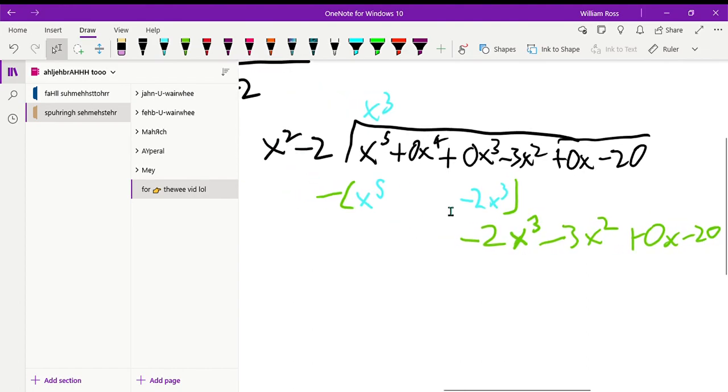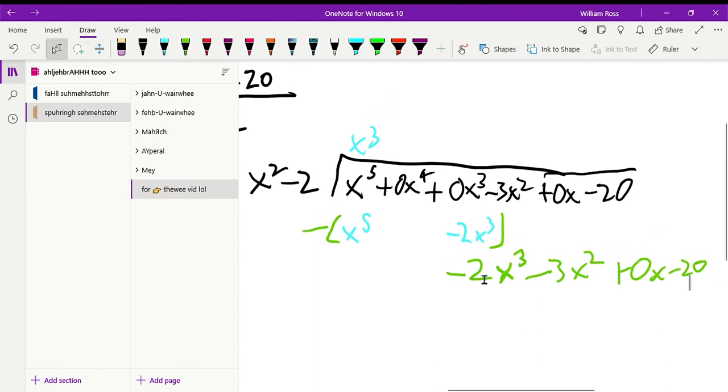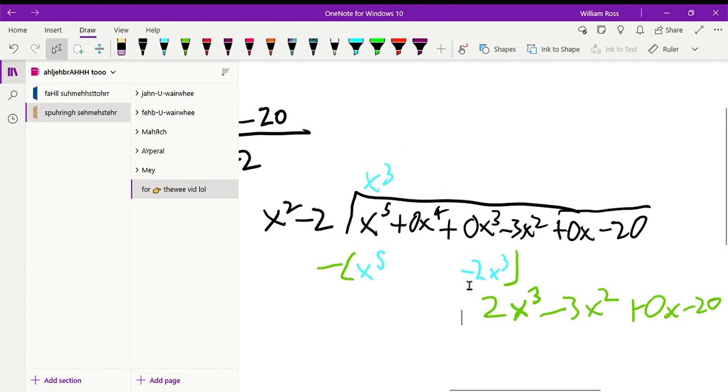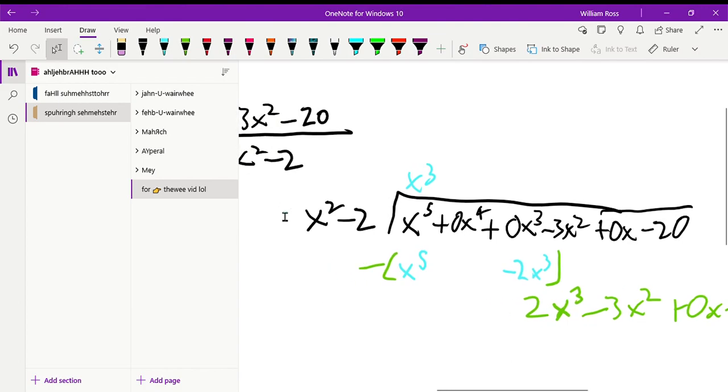X squared goes into negative 2x to the third. Oh wait, I messed that up. That's not supposed to be a negative. Okay, it's actually positive 2x to the third. See, I'm already messing up.